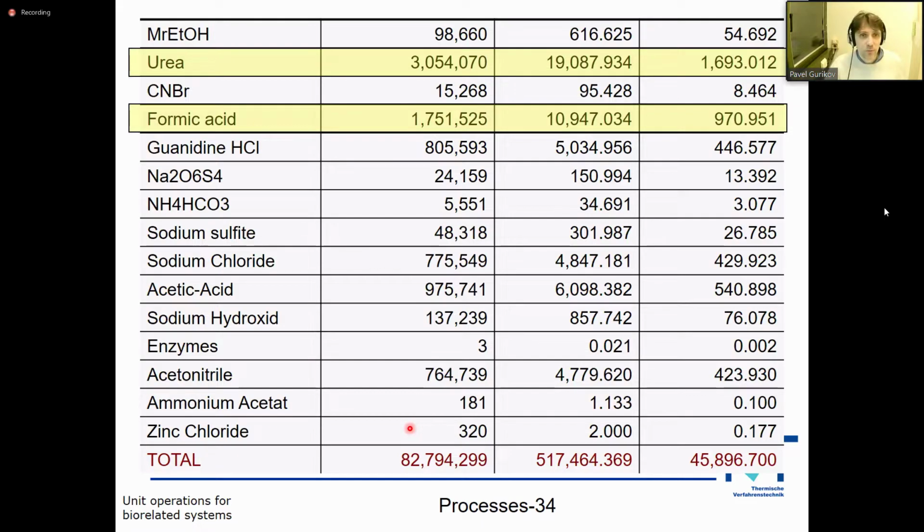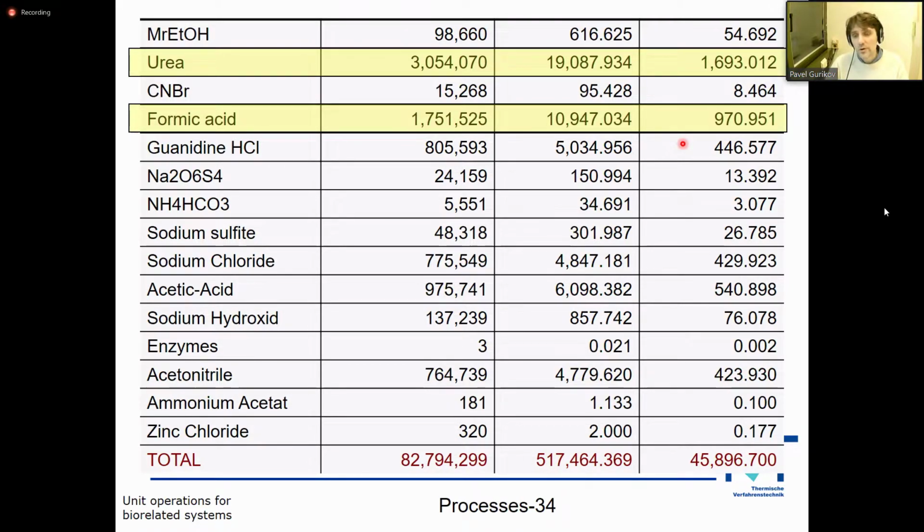I have more of course formic acid, because you remember at one stage we had to switch to non-aqueous medium because one of the chemical reactions can only run in 70% formic acid. And urea, of course, biotech requires a lot of urea and many other things.